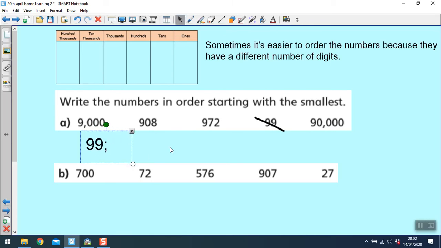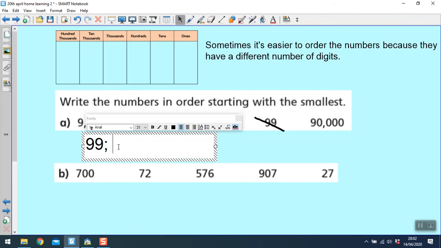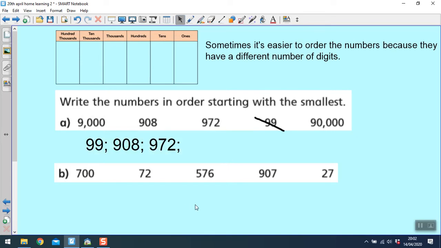Now I've got 2 numbers that have got 3 digits each. I've got 908, 972. They've both got 900s. This one's got no tens and this one's got 7 tens. So 908 is smaller. 972 is next.